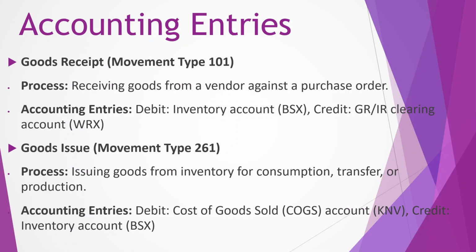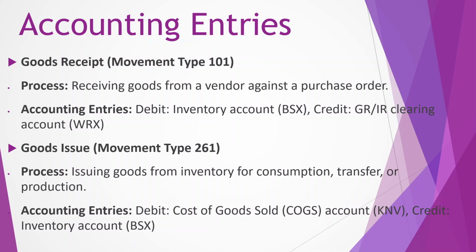For these three scenarios, movement type 261 will be used, and the accounting entry will be: debit cost of goods sold account, that is what COGS means, with the transaction key KNV, and credit will go to the inventory account VSX. Okay, so that is the entry that will come in case of movement type 261 goods issue.